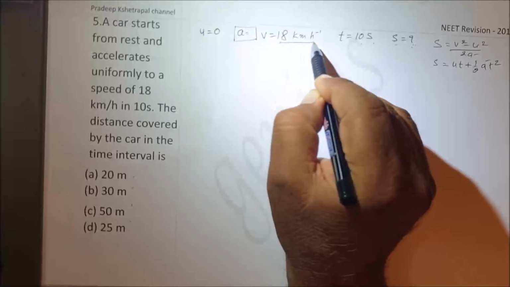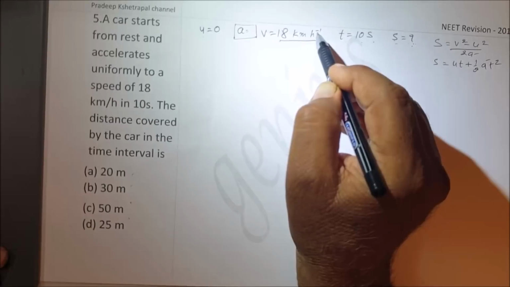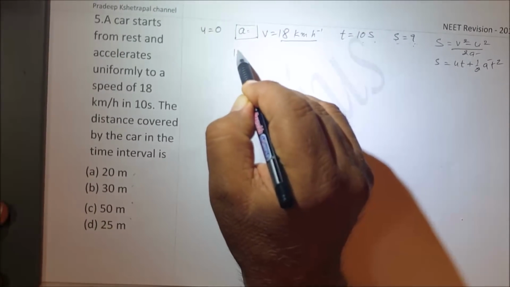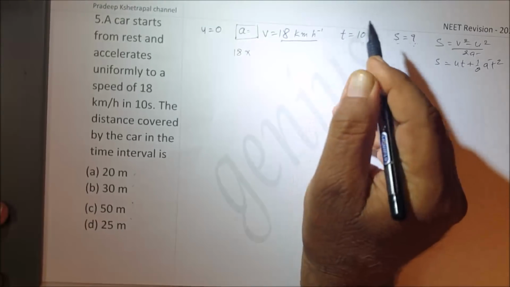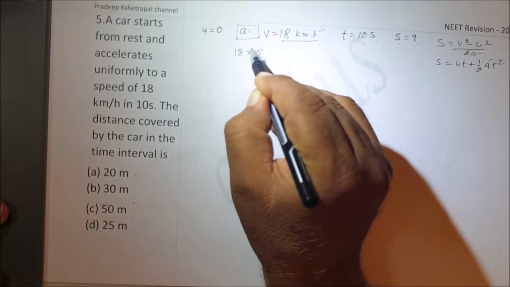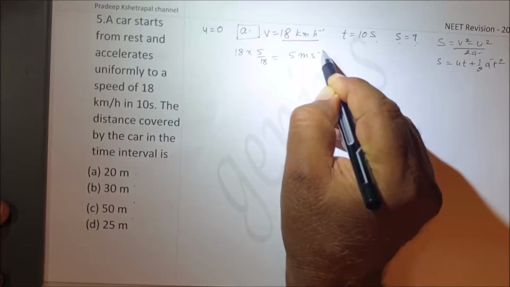So 18 km per hour is not according to SI system, we must convert it into meter per second. You know the feature 18, that is to be multiplied with 5 upon 18, this is the conversion factor. So this comes out to be 5 meter per second.